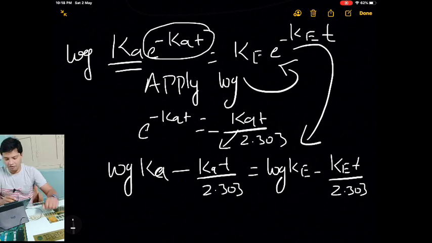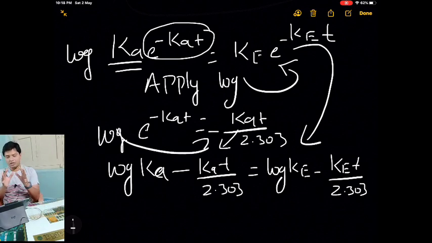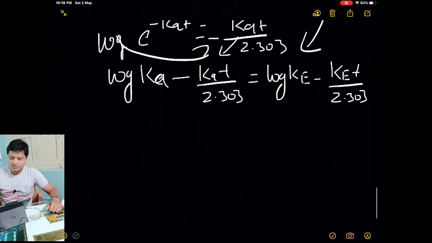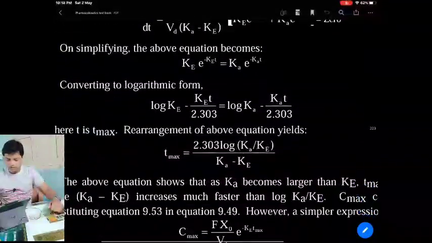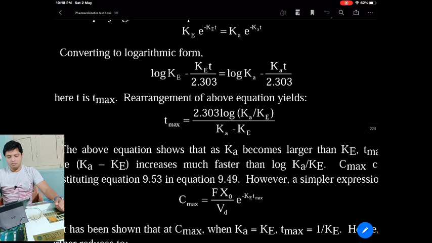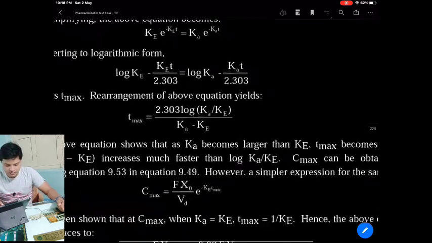This is a conversion factor. If I apply log to this, it will be converted like this. Just remember this to make the derivation easy. After converting into logarithm, we get this equation.